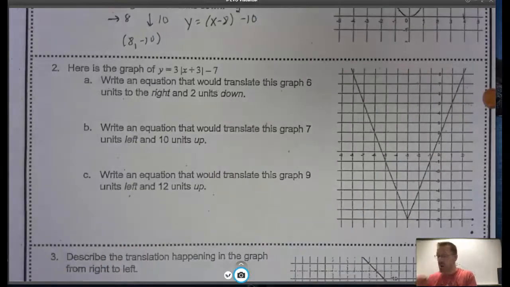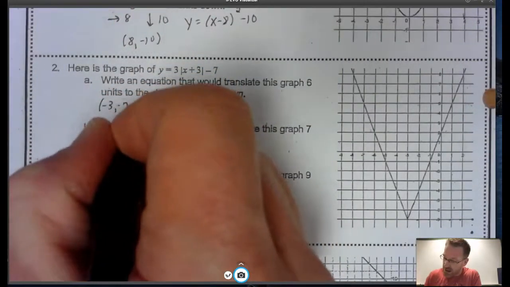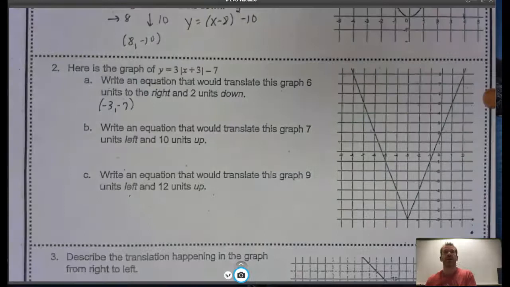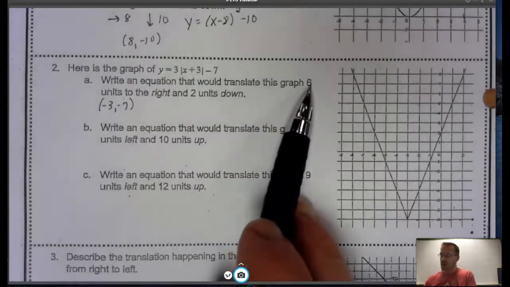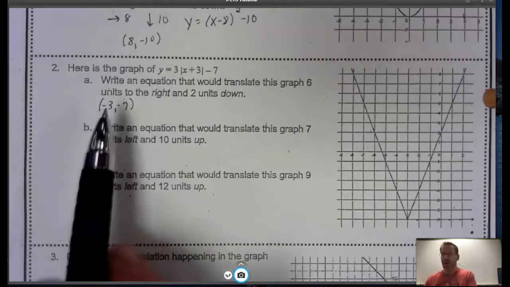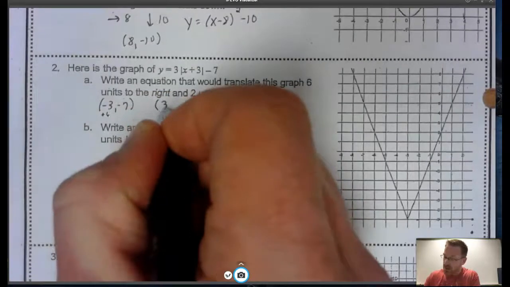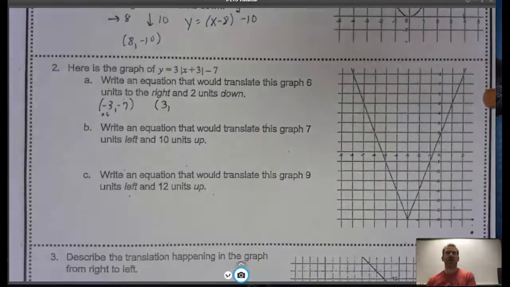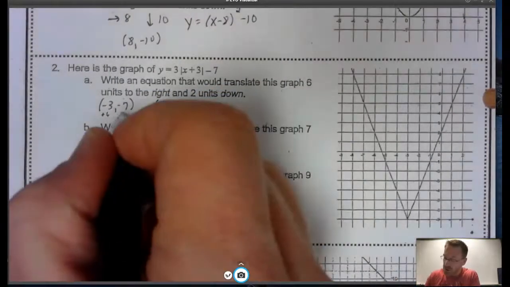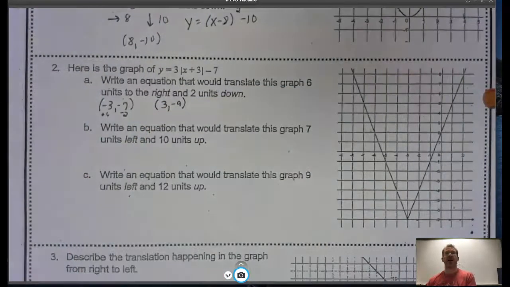So what might be good is to go ahead and label your vertex. My vertex is -3, -7. And so notice now, if I go to the right 6 units, I would add 6 to that. So if I add 6 here, my x-coordinate is 3. And if I go down 2 units, now my y-coordinate for my vertex would be -9.